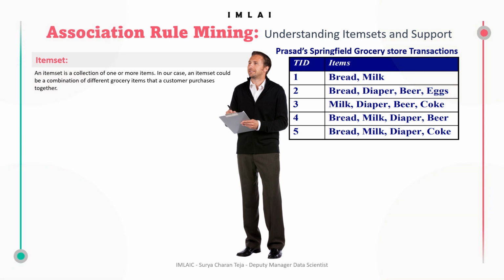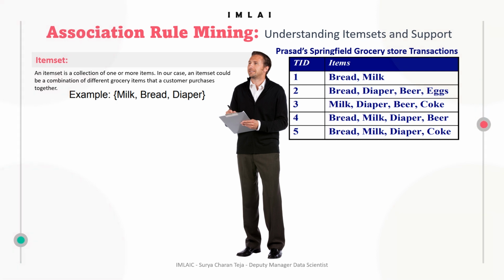For example, milk, bread, diaper. A set of milk, bread, diaper represents an item set where a customer buys milk, bread, and diapers in a single transaction. So that is one item set.